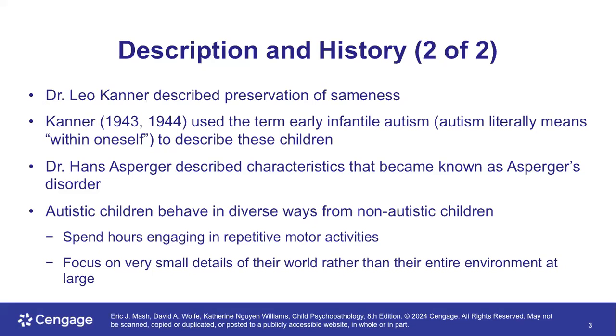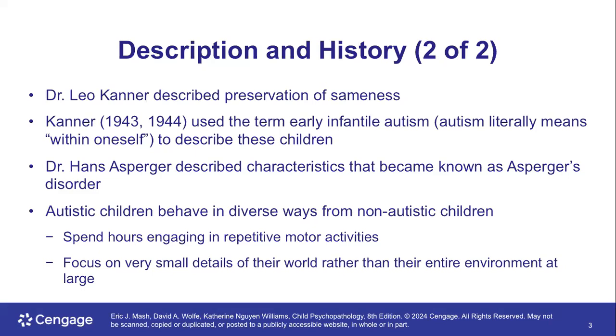For example, individuals on the autism spectrum might spend a long amount of time doing repetitive motor activities. In full disclosure, my son is on the autism spectrum. And when he was quite young, he would spend hours lining up Matchbox cars over and over and over, which became his personal freeway, right?